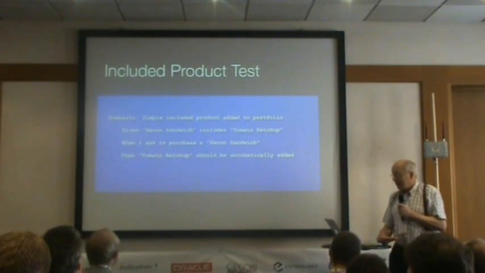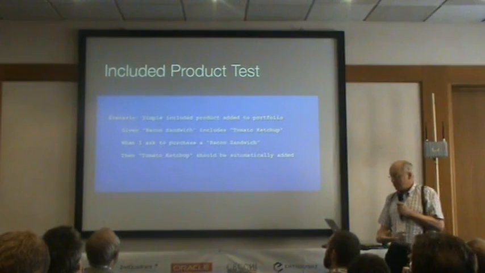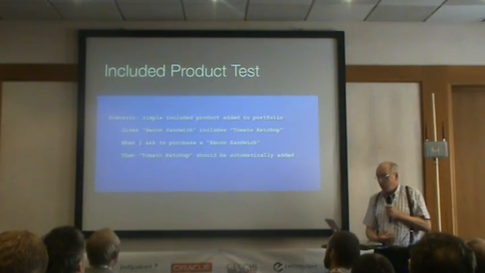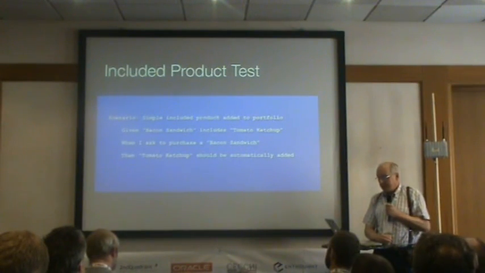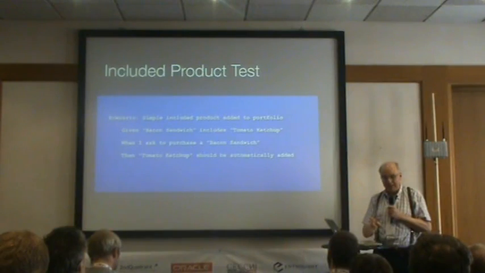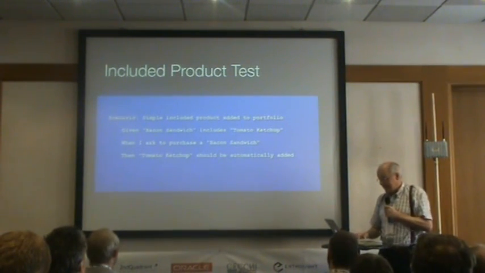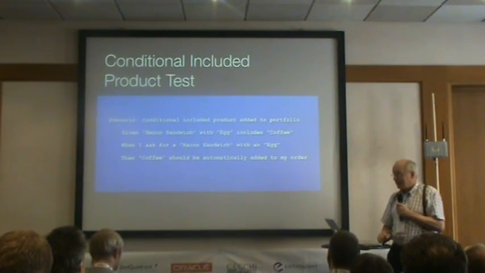So here, given bacon sandwich includes tomato ketchup, when I ask to purchase a bacon sandwich, then tomato ketchup should automatically be added. So we think of a parallel example and program that up.